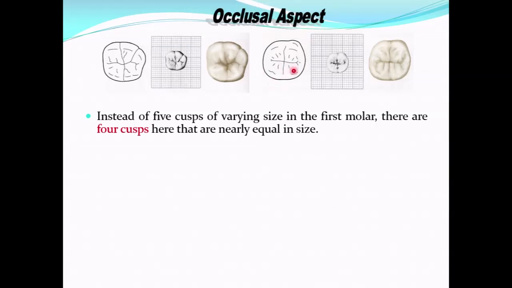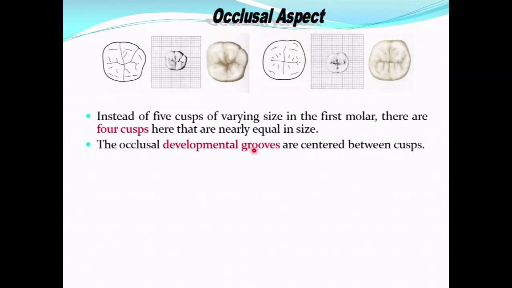Again, this is the mesial lingual, mesial buccal, distal lingual, distal buccal. This is the buccal side, this is the lingual side. So this is the first difference: 5 cusps here, 4 cusps there, and the 4 cusps are nearly equal in size.